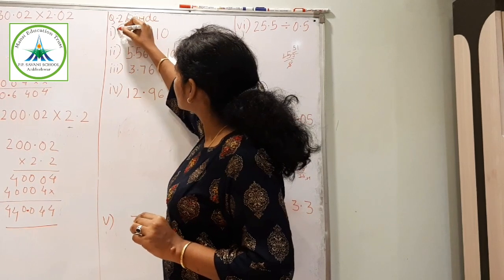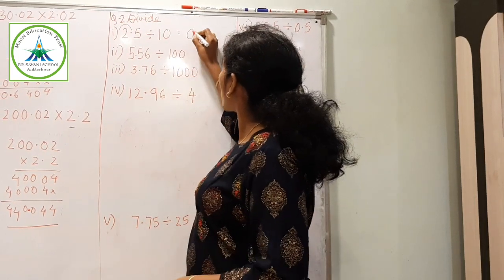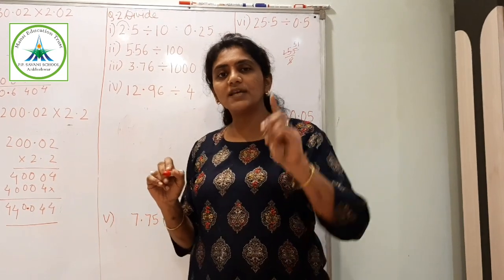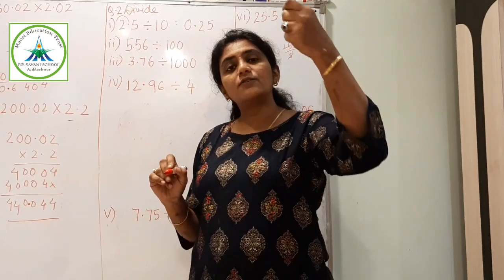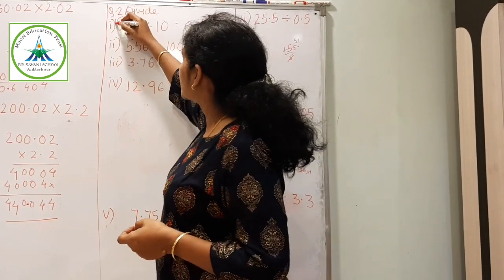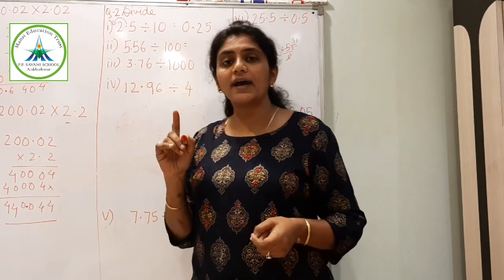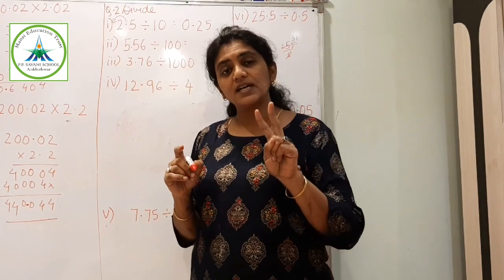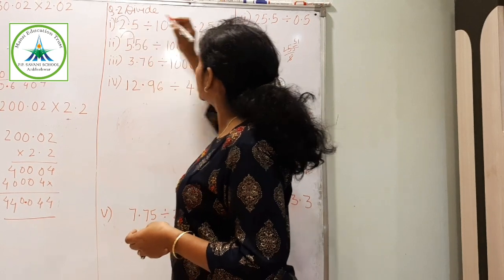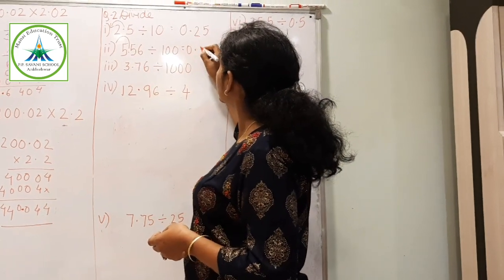So this will be 0.25. 10 means to one place it will be shifted towards the left. Now here, divided by 100. Two zeros means to two places towards the left it will be shifting.